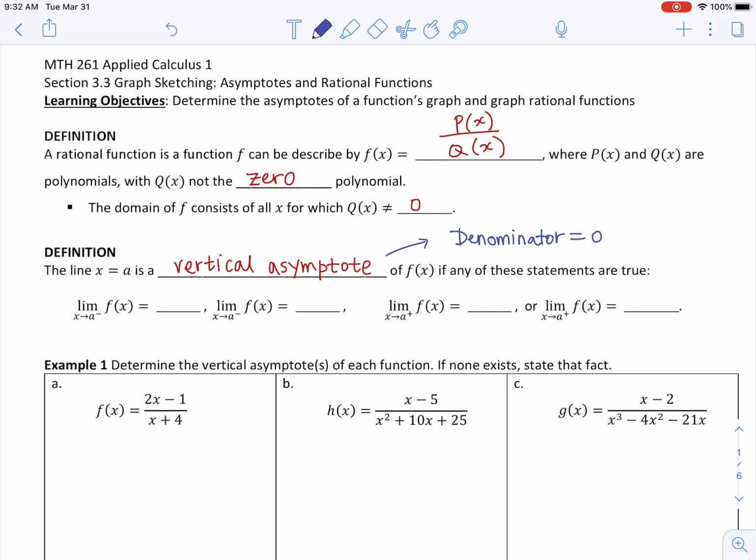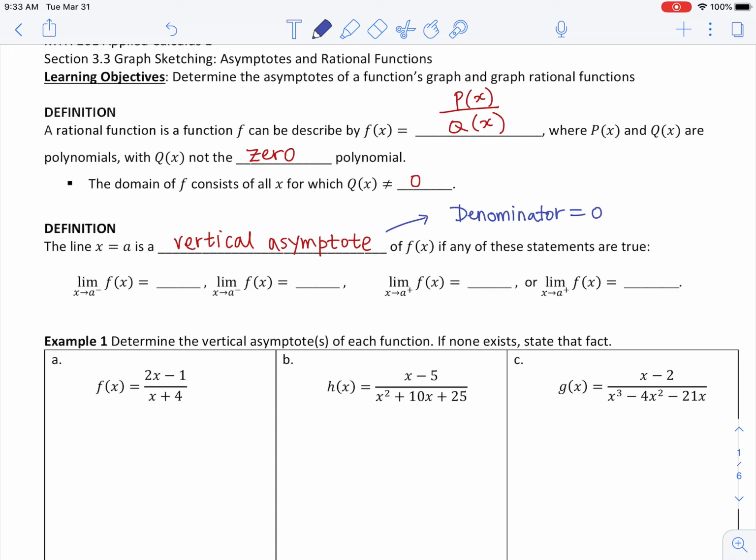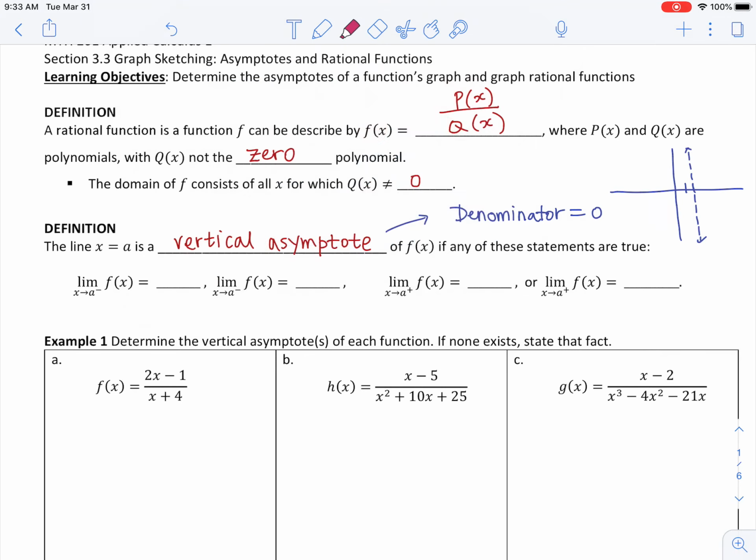But let me give you the definition in our class, using limits. Remember when you graph these rational functions, suppose that I have a vertical asymptote at positive 2. Let me sketch a graph here. Vertical asymptotes are where the function does that funky little thing.